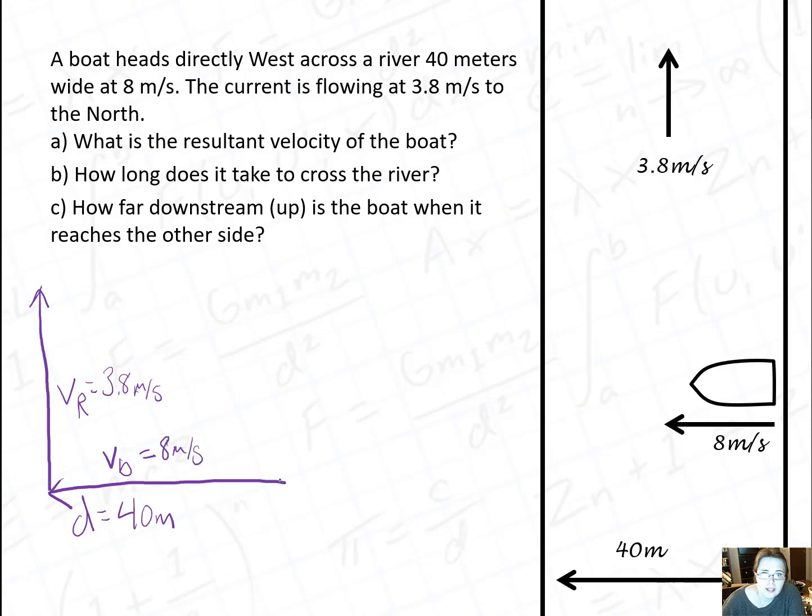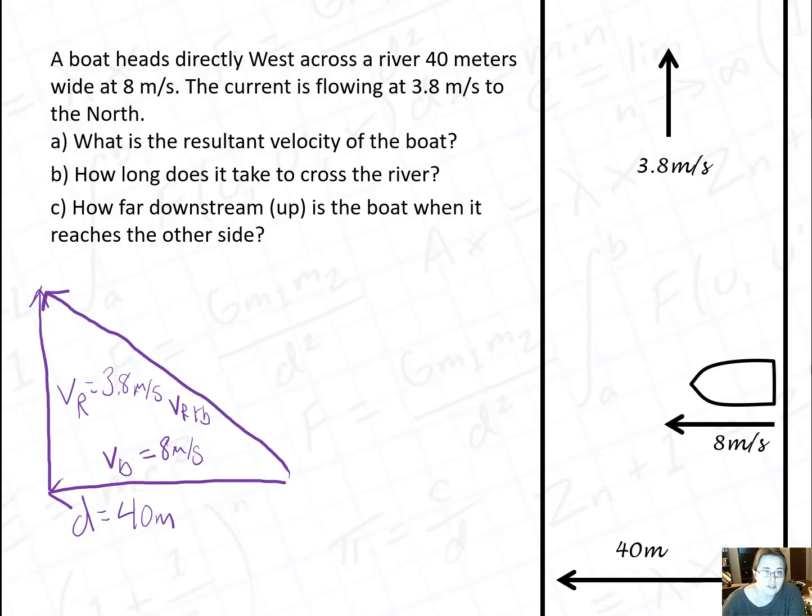And then we end up with our resultant. The river is going to push our boat north, and it's going to change its velocity as well. So we want to find the velocity of the river plus the boat, so it's the boat's new velocity.